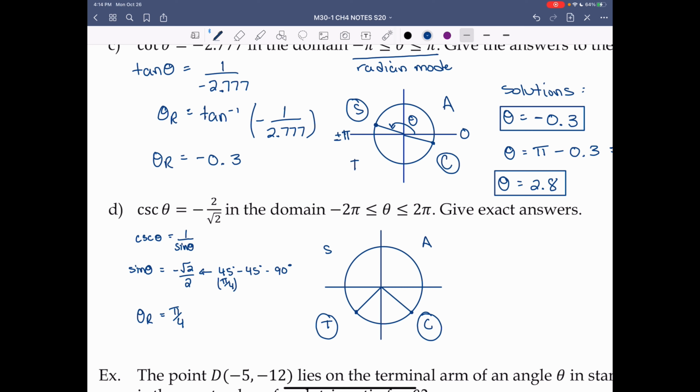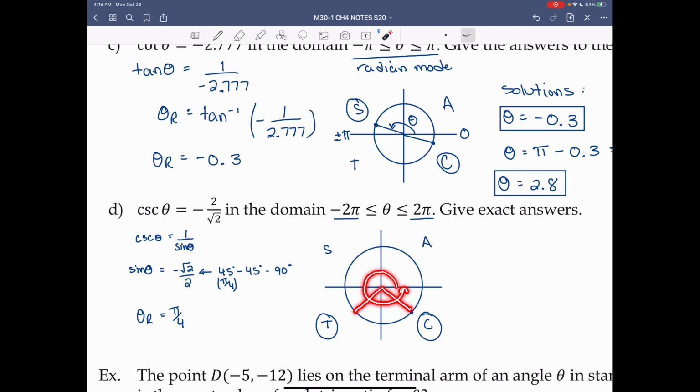Then our domain is from negative 2 pi to 2 pi. This means a full rotation in the negative direction and a full rotation in the positive direction. So if I start at 0 and go a full rotation in the negative direction, how many angles do I have there? I have 1, 2 angles. And if I go in the positive direction, a full rotation, I have 1 angle, 2 angles.